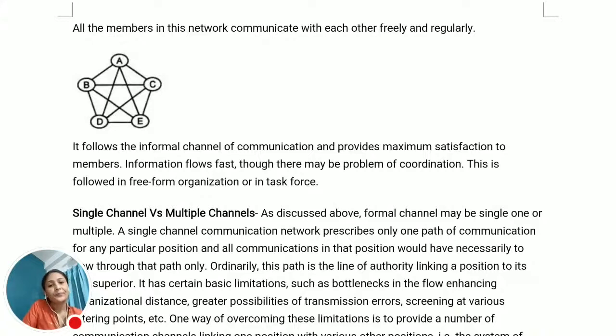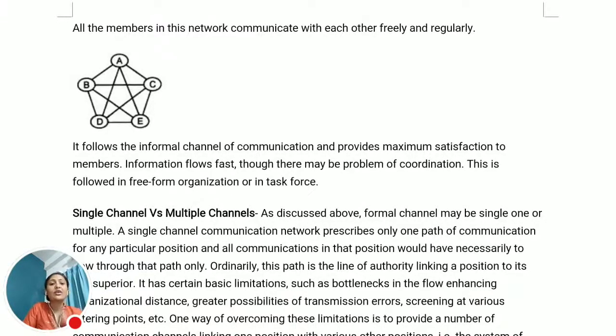These are the languages of non-verbal communication, where we do not use any words but we communicate our thoughts, our emotions very strongly to the other recipient person. Okay, and then we have covered different kinds of channels which support our communications. So it is utilized by the organizations as well as in any group, formal or informal groups. These are the 5 different channels or 5 different networks of communications.